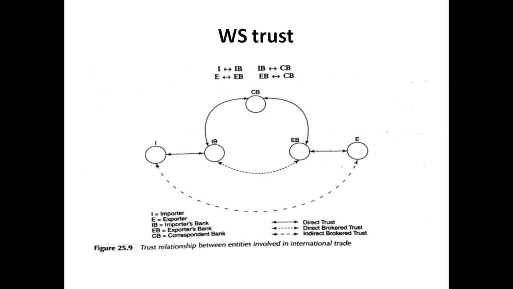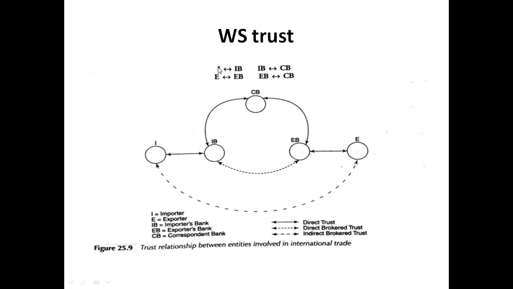I and E have trust relationships with local banks IB and EB respectively. IB and EB do not have a direct trust relationship with each other. They each do, however, have a trust relationship with an intermediary, a well-known international bank called a correspondent bank, that is CB. The trust relationships are summarized below.